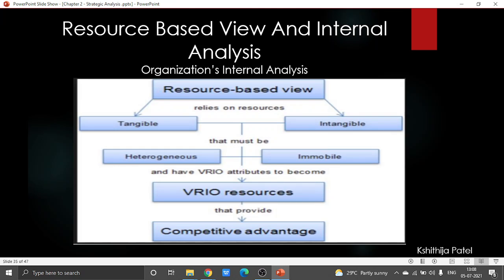So what we have to understand here is the basic guideline of the resource-based view: organizations contrast in essential ways, as every firm has some kind of unique resources for itself.